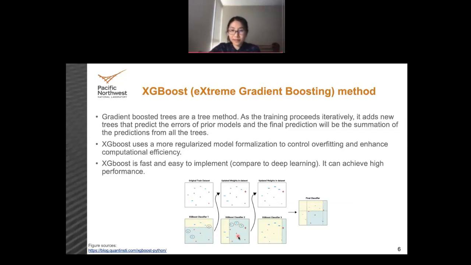Then we will add another one trying to fix this. Finally, we will have the final model that aggregates all the prediction trees, and based on these models, we will have an accurate prediction separating those plus and minus signs. XGBoost is generally pretty fast and easy to implement, and it can achieve high performance. Okay, so we will use this model.